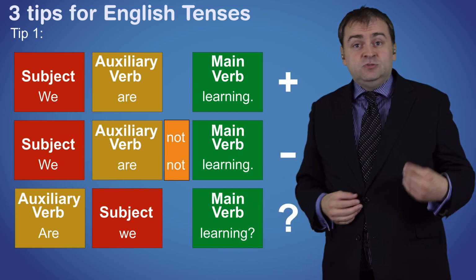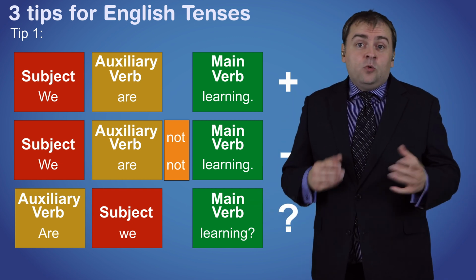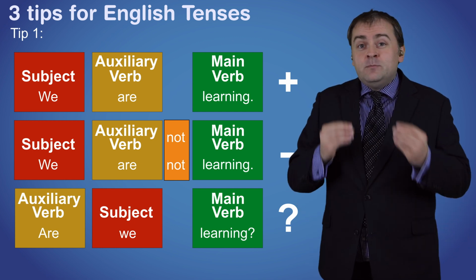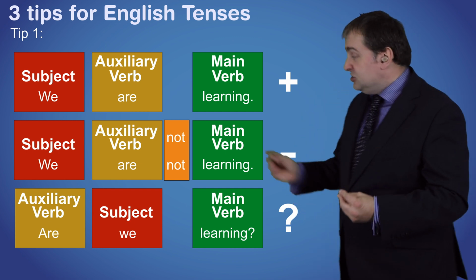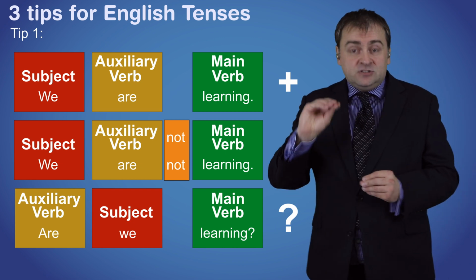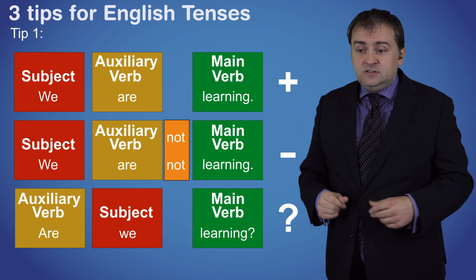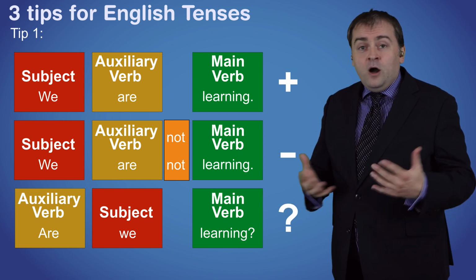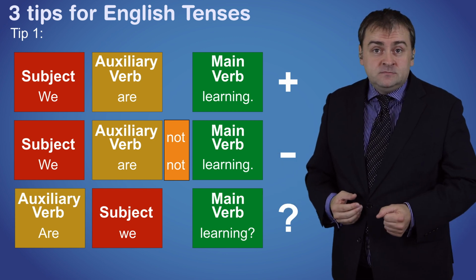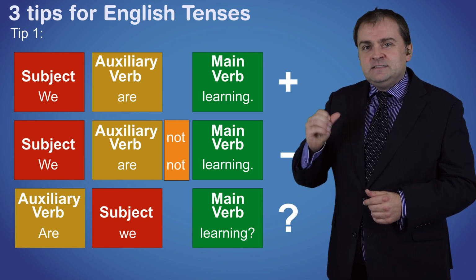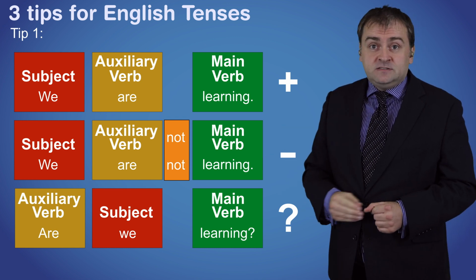A lot of questions will also use question words like what, when, where, why, and how. But in these cases, this structure still applies. The auxiliary verb and the subject are still in that order. So I would say, why do you like pizza? We're not starting the question with the auxiliary verb, but it is still before the subject.